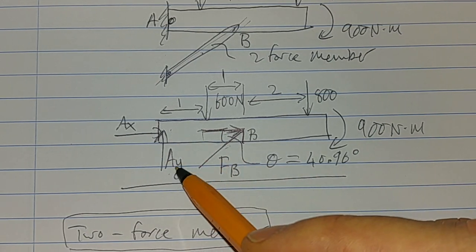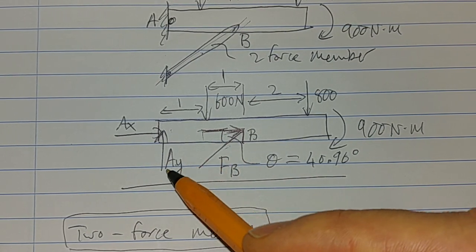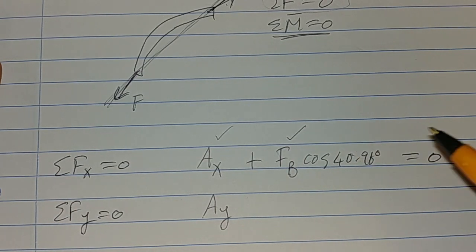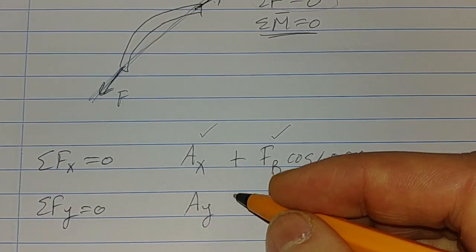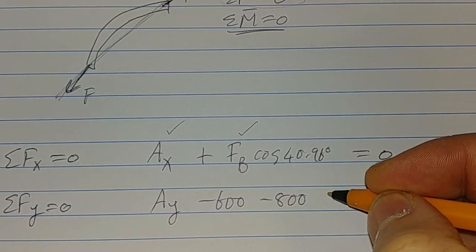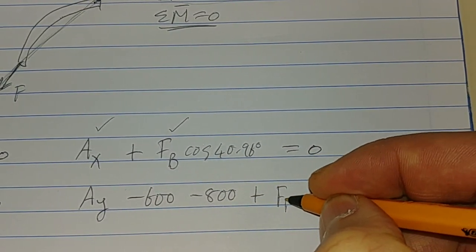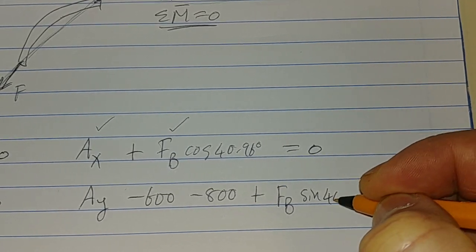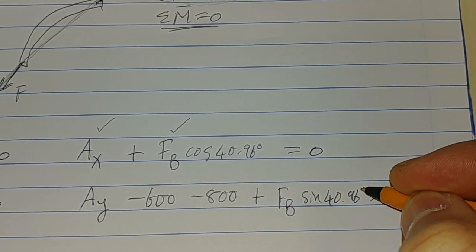The simple thing is, if you solve for it and it's a negative, then your arrow is in the wrong direction. So AY minus 600 minus 800 plus FB sin 40.96 equals 0.